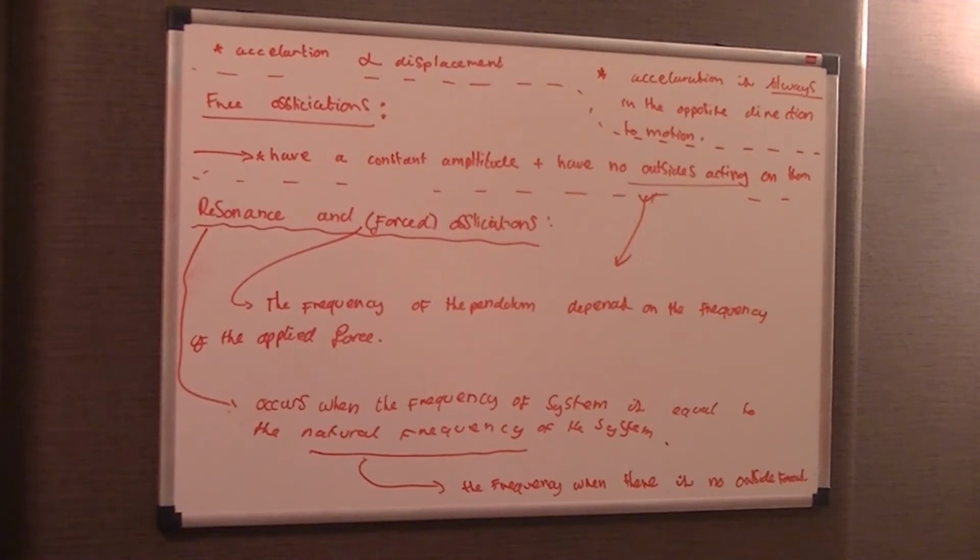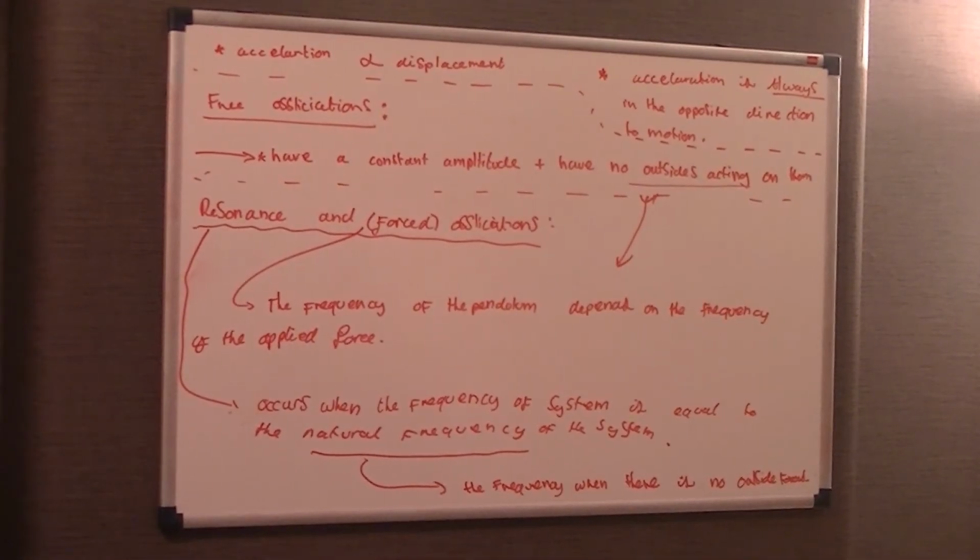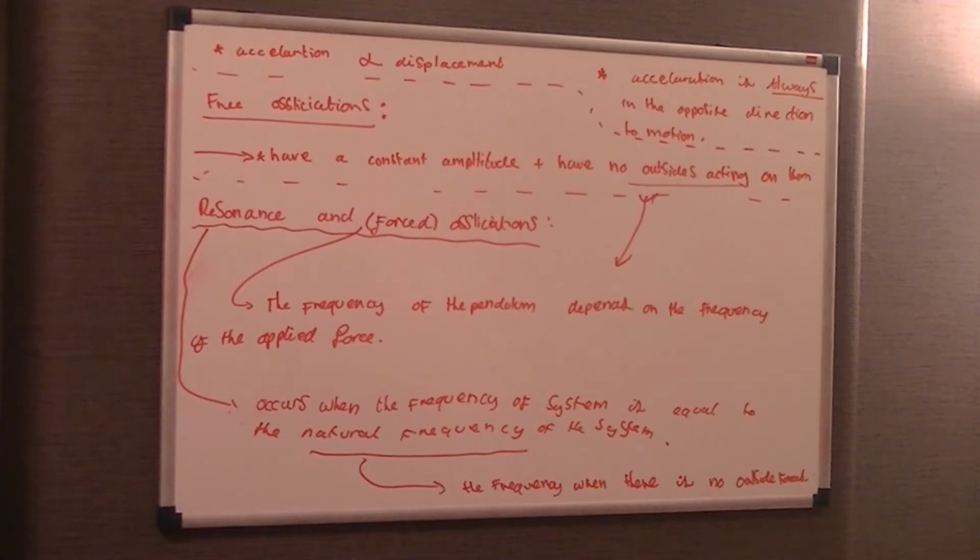The forced oscillations is where there is an outside force, and that directly affects the frequency of whatever you're acting on. And then resonance is the opposite of that. So when there's no outside forces and the frequency is equal to the natural frequency of the object, and we said the natural frequency occurs when there's no outside forces. So you can see how they're all intertwined.